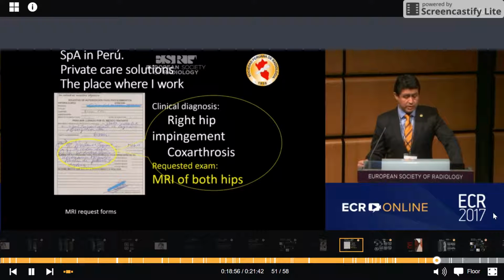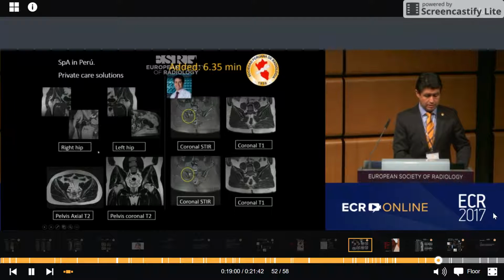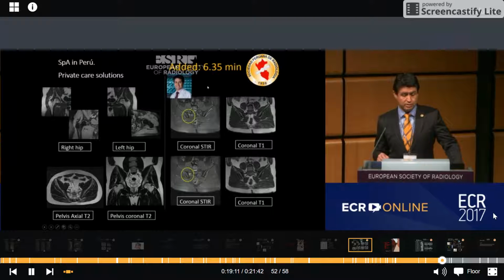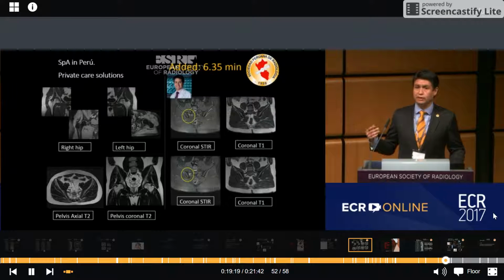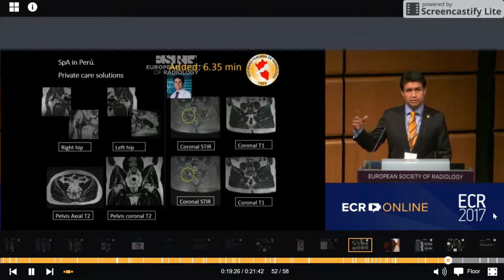The exam requested was MRI of both hips. We did the exam, the right hip, the left hip, images of the pelvis, and we added images in coronal STIR of the SI joints, and we found hyperintense signals. The diagnosis was spondyloarthritis. What would have happened if we didn't add these STIR sequences? Maybe the diagnosis would have been delayed again.